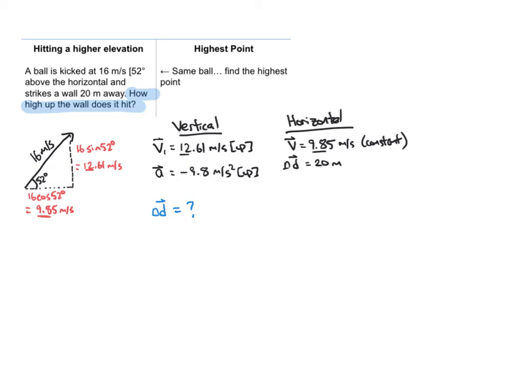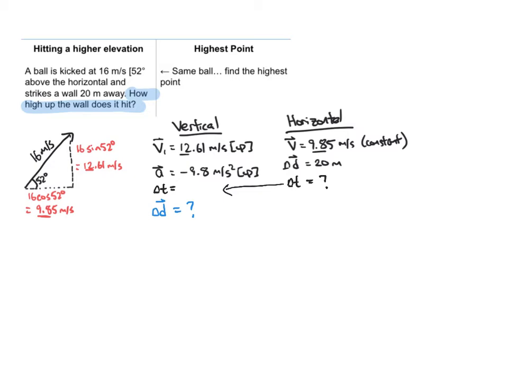I need a third given value, which I don't have right now, but it's going to be time. I'm going to figure out the time using my horizontal information, and once I figure out the time, I can transfer it over to my vertical side and then solve my problem.